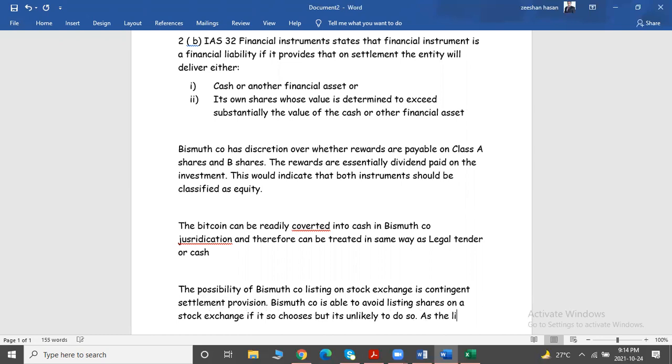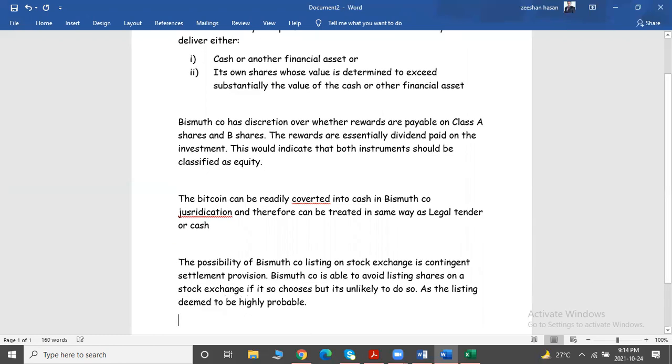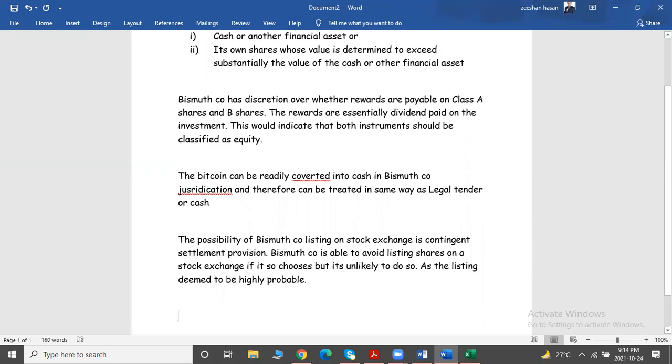Hence the listing is deemed to be highly probable. Now, highly probable.